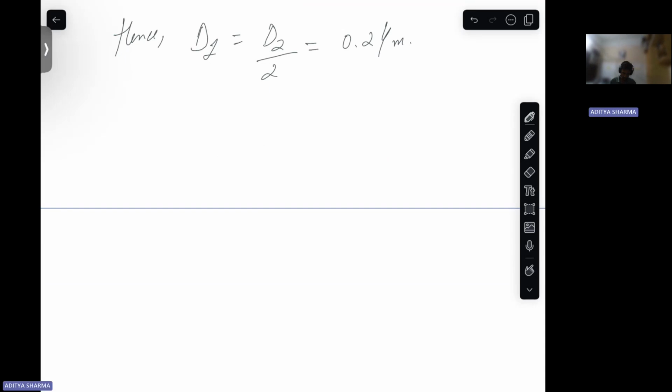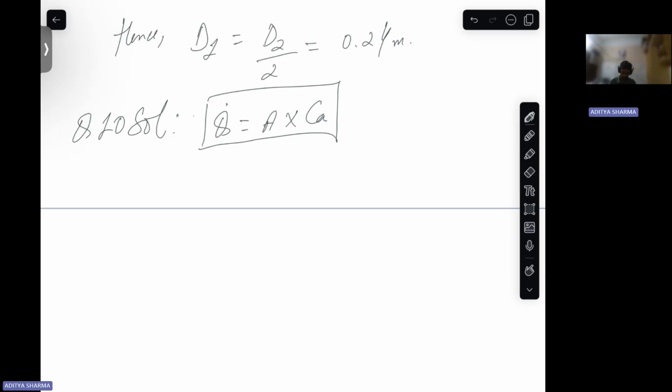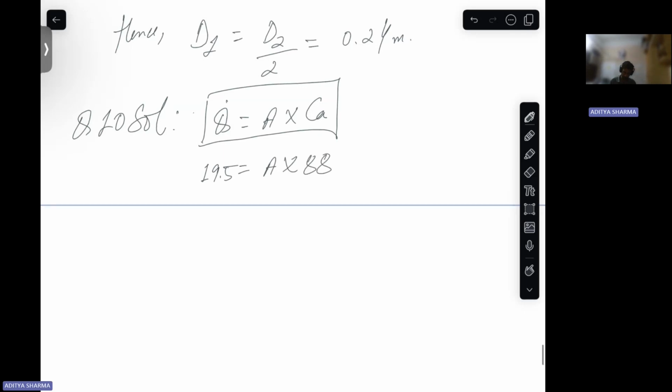So question number 10. For this we have this formula. So this is volume flow rate is equal to area into axial velocity. So this we have 19.5, then area into axial velocity is 88.